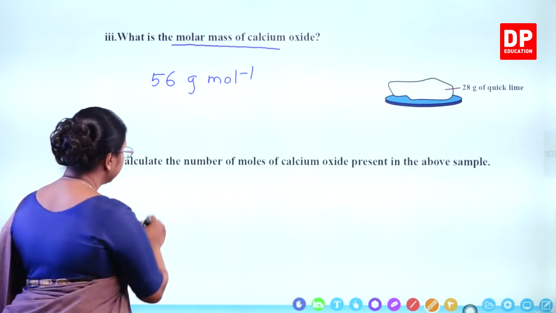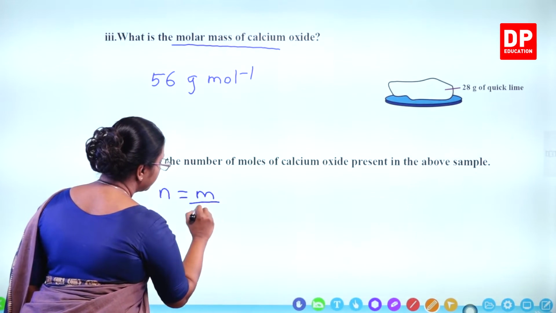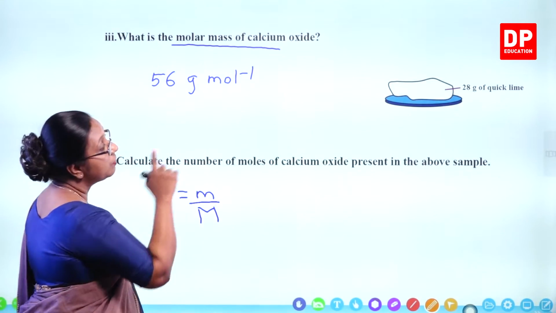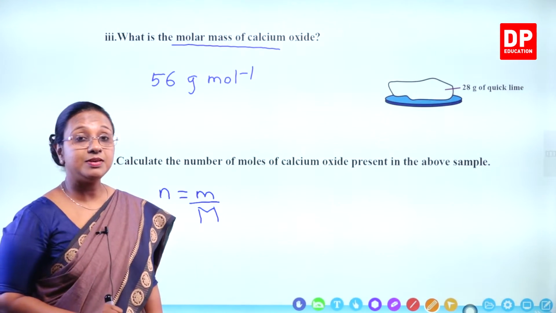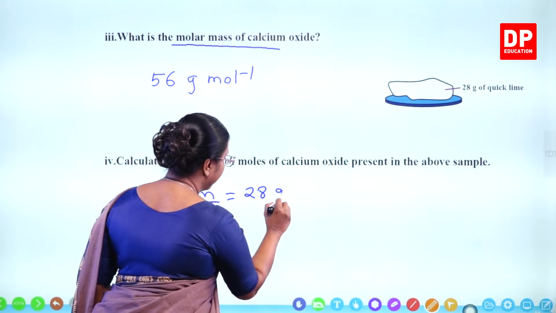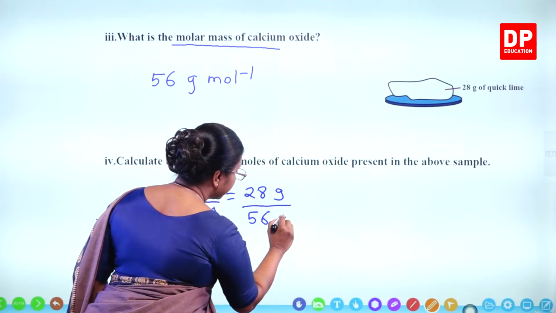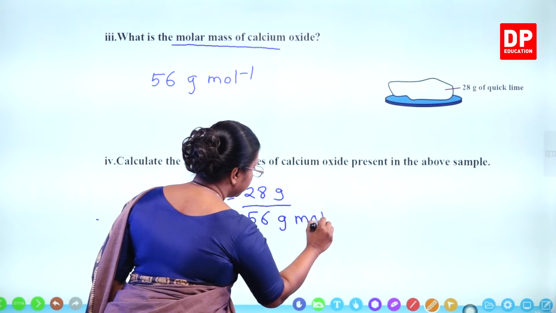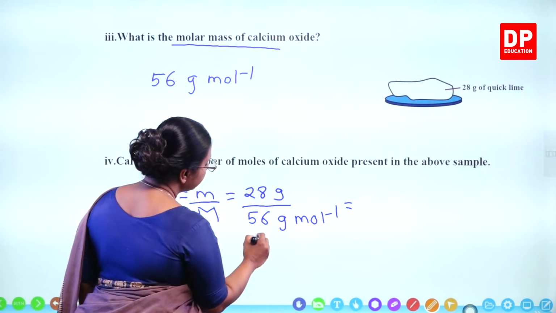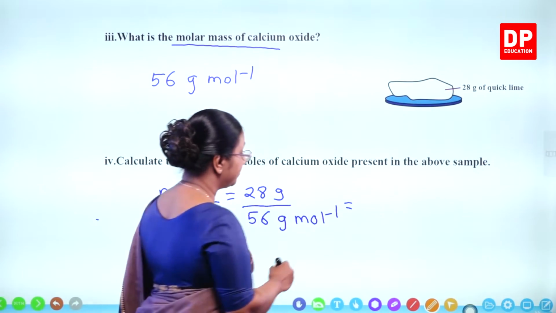So now to find the number of moles, that is equal to mass over molar mass. What is the mass of quicklime given there? 28. So 28 grams divided by what? 56 grams per mole. So you can see this is 28 divided by 56.